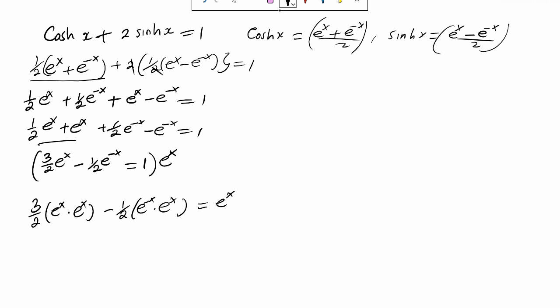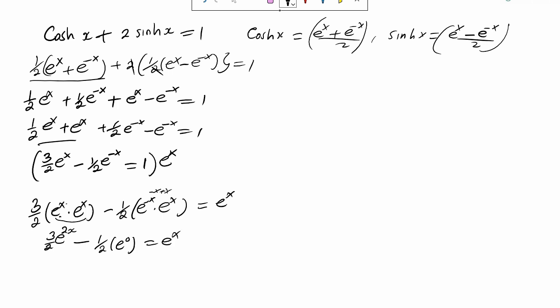According to the rules of indices, e raised to x times e raised to x is the same as e raised to x plus x, which is 2x, multiplied by 3 over 2. When we multiply we add the powers, so negative x plus x gives 0, so we shall have a half e raised to 0, and this equals e raised to x.